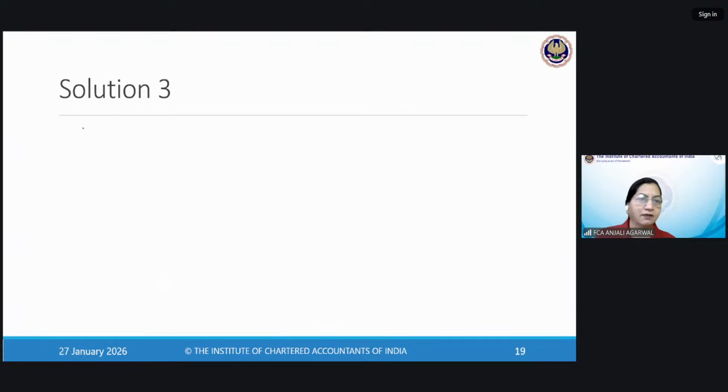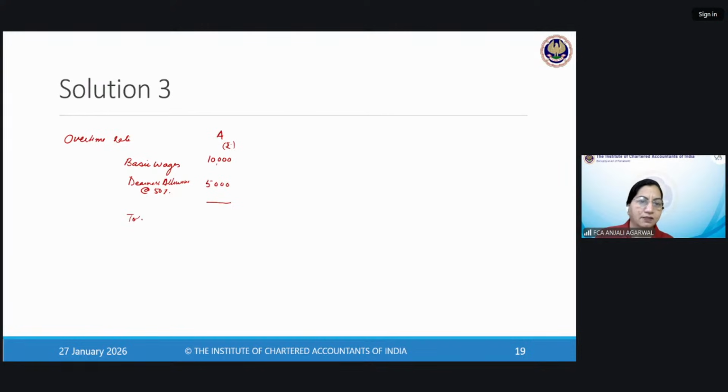Now to calculate the overtime rate, let's calculate it only for worker A. Basic 10,000. Dearness allowance 50%, 5,000.